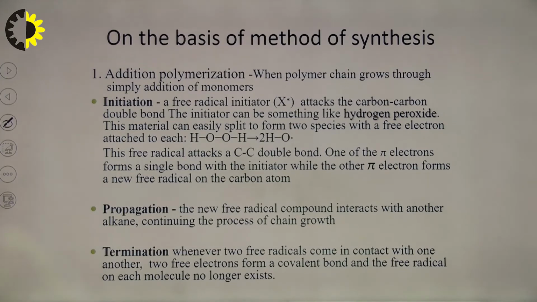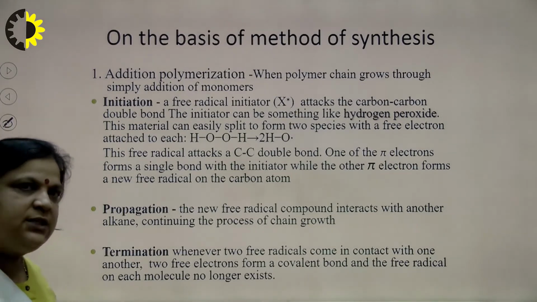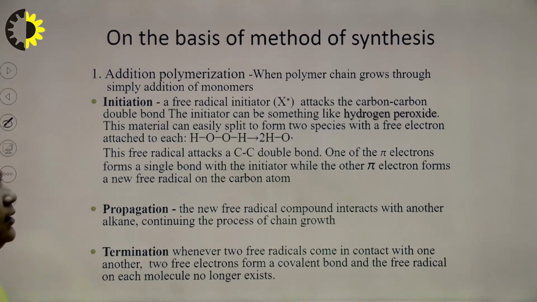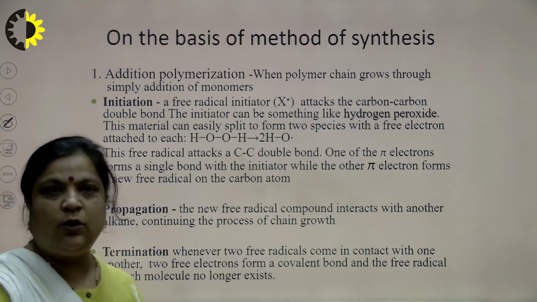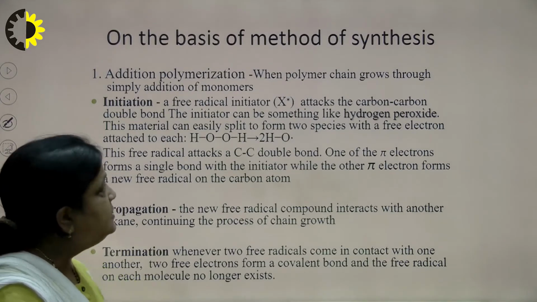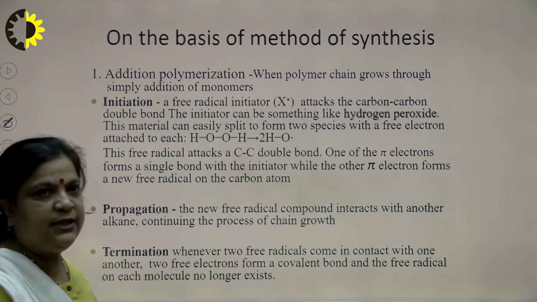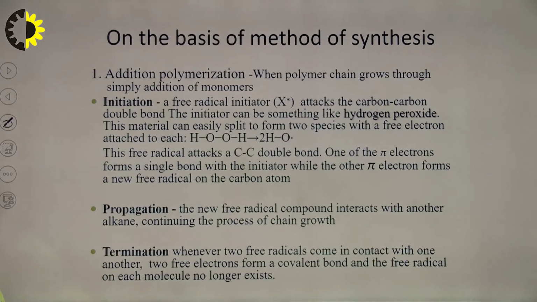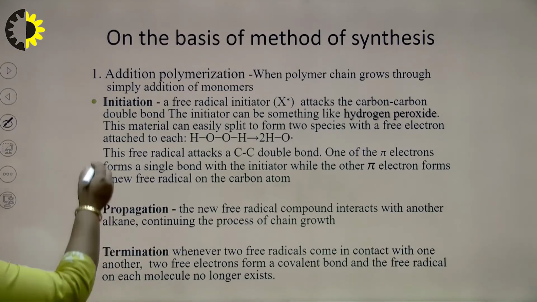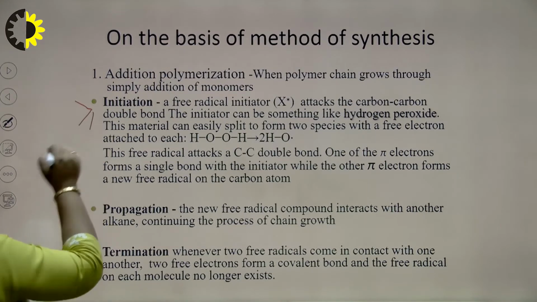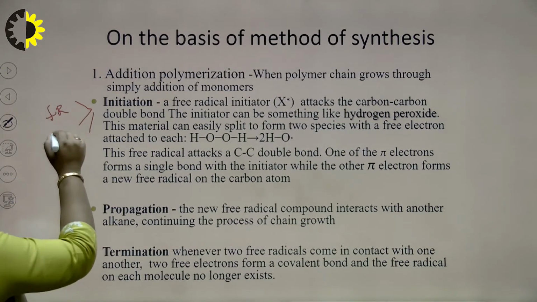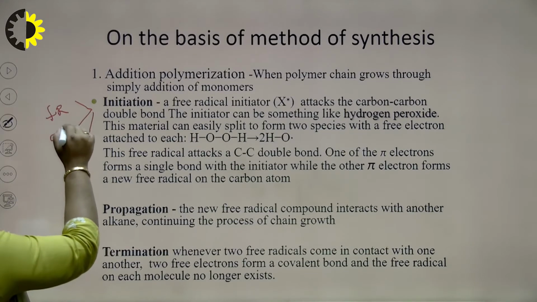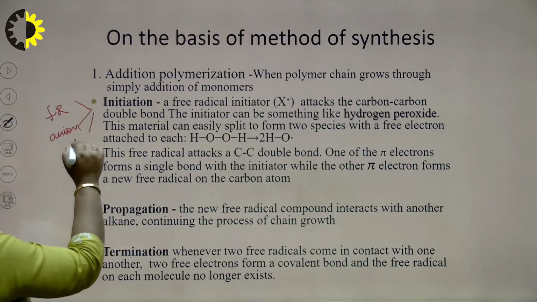So, addition polymerization means the polymer chain grows through the simple addition of monomers, but we know that direct addition is not possible. It means for addition polymerization, initiation is required, and for initiation we require an initiator. The initiator may be free radical, anionic, or cationic.